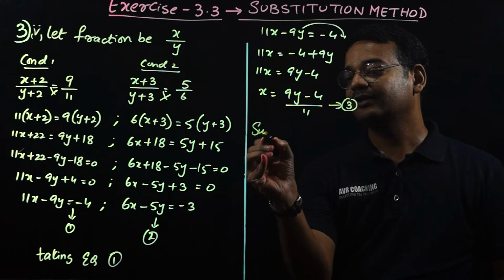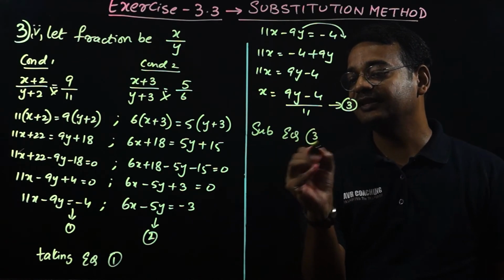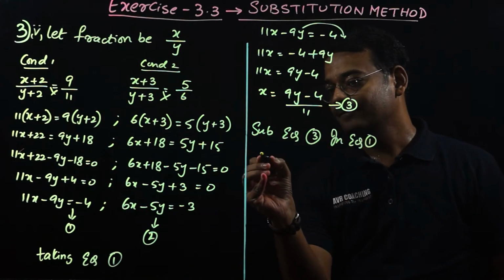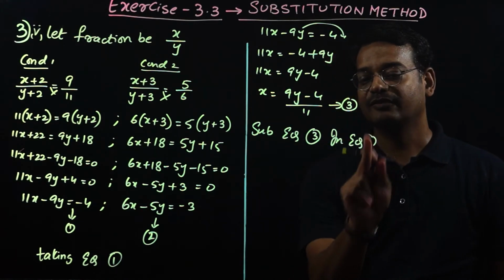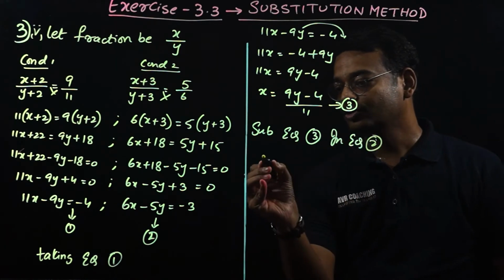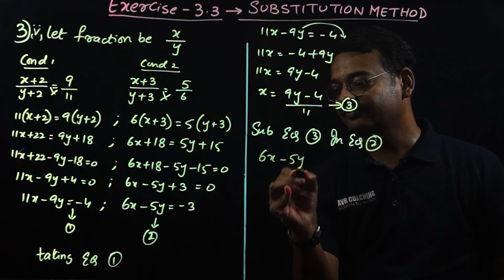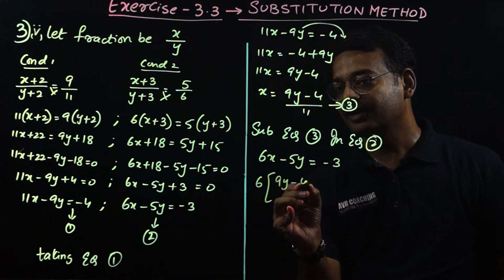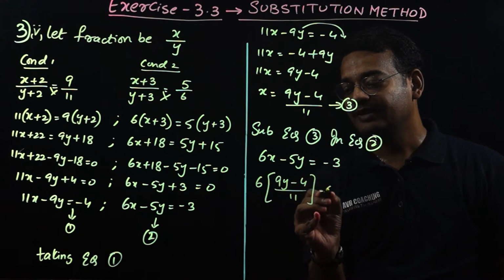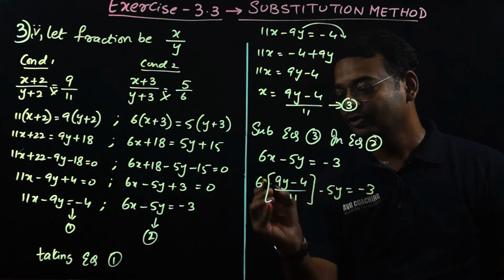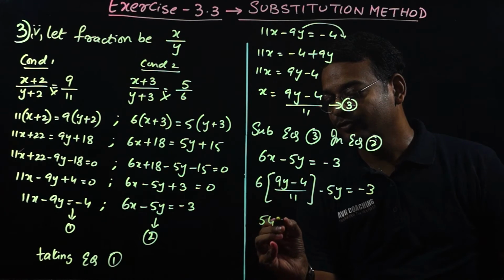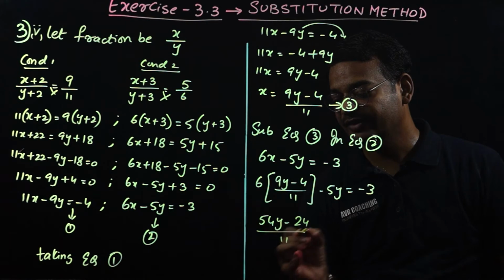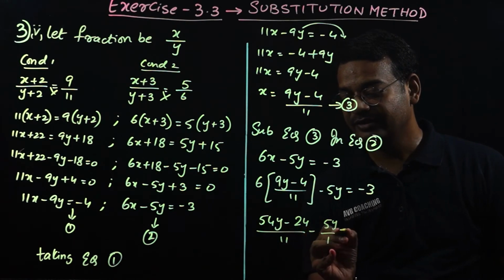This is equation 3, and we substitute equation 3 in equation 2. Equation 2 is 6x minus 5y is equal to minus 3. So 6 into (9y minus 4) by 11 minus 5y equal to minus 3. This is 9 6s are 54y minus 6 4s are 24, by 11, minus 5y by 1.